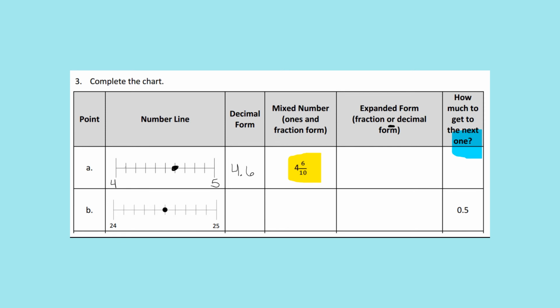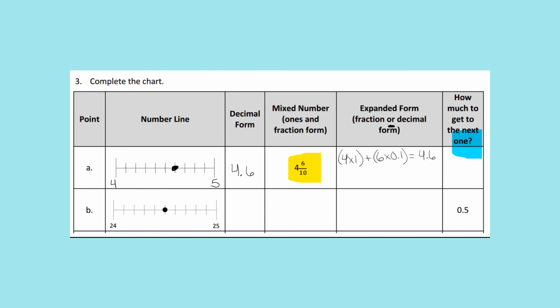Now I'll write it in expanded form. I'm going to pick to do fraction form because they said or. The 4 is in the ones place, so I'm going to do 4 times 1. And the 6 is in the tenths place, so I'm going to have 6 times 1/10. And if I add that all up, it's 4 6/10.